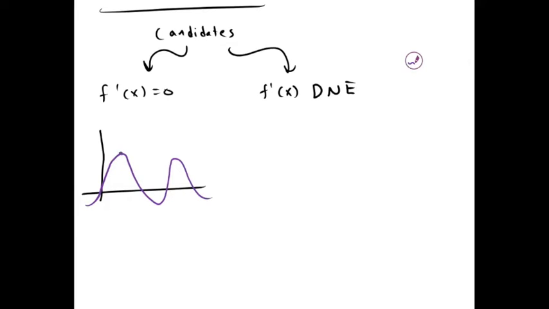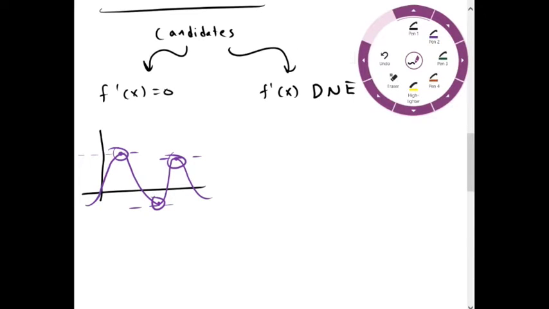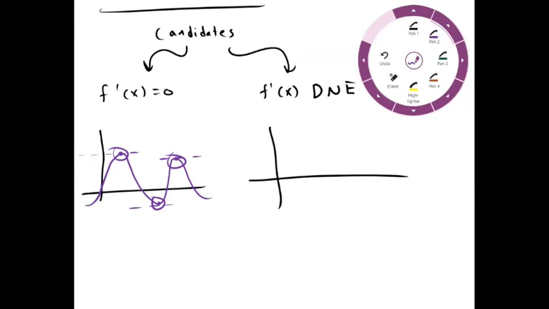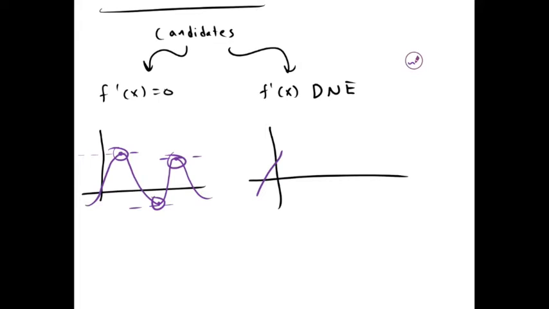Wherever we have a local extrema on this curve, the slope of the tangent line flattens out. So when the slope flattens out and the function turns around, f prime of x equals 0. If a function is differentiable, local extrema can only happen when f prime of x is 0. If the function is not differentiable, we can also have local extrema at places where the derivative doesn't exist.